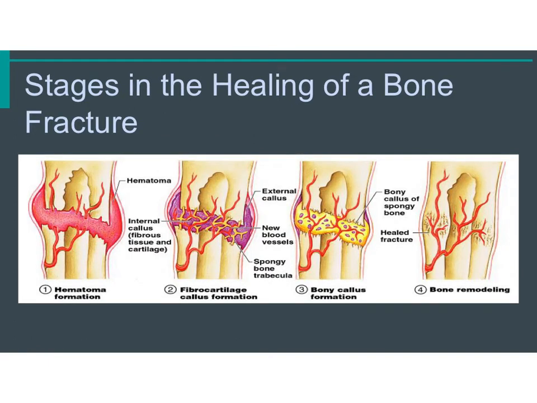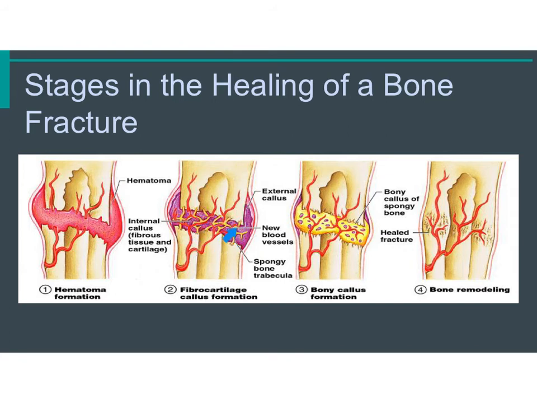So here is a picture of those steps. You have the hematoma forming, so some swelling, a lot of blood flow, bringing nutrients, minerals, fibers, but also holding it in place. Then the fibrocartilage starts to come and again hold it in place, connecting the two broken ends.